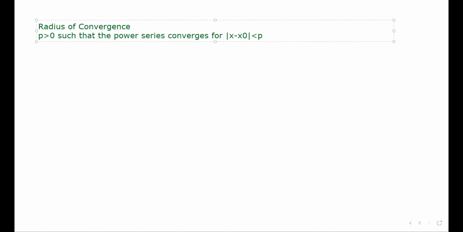But it will diverge for this being greater than p.